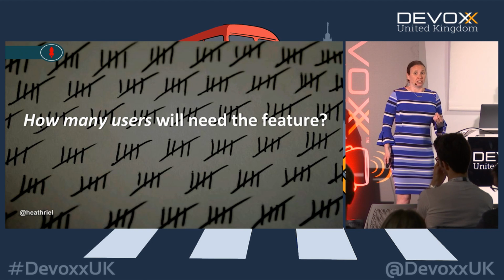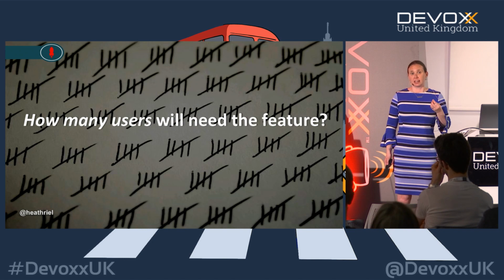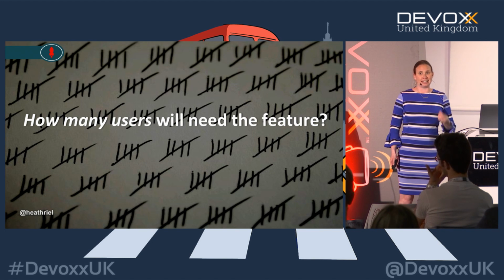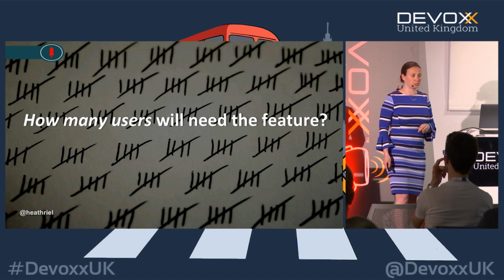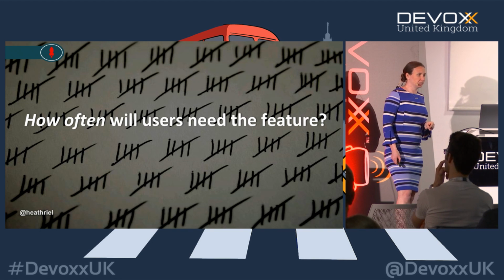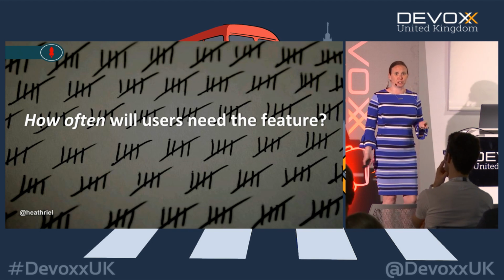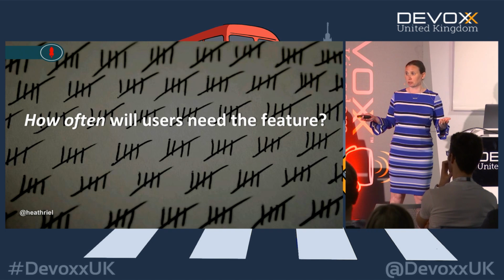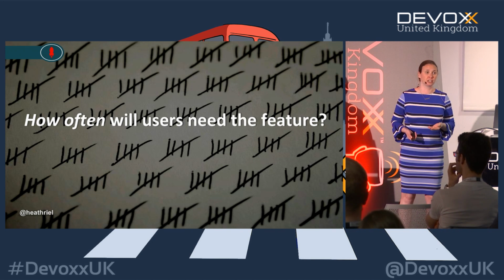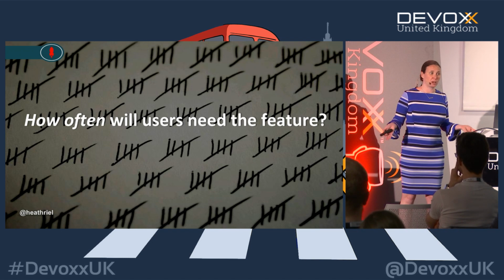But again, before developing anything, ask how many users are going to need the thing that you want to design. Because if you have a class of one person, then it is not useful to design. And if the thing you want to design is only going to be used once a month or once a year, like how many times do people want to change passwords?